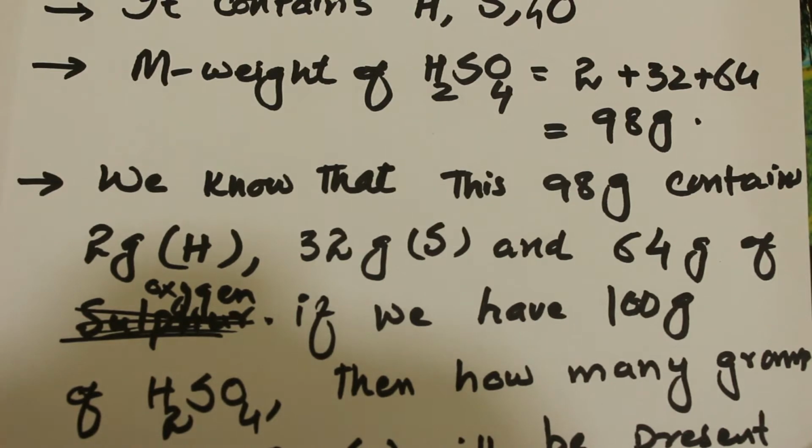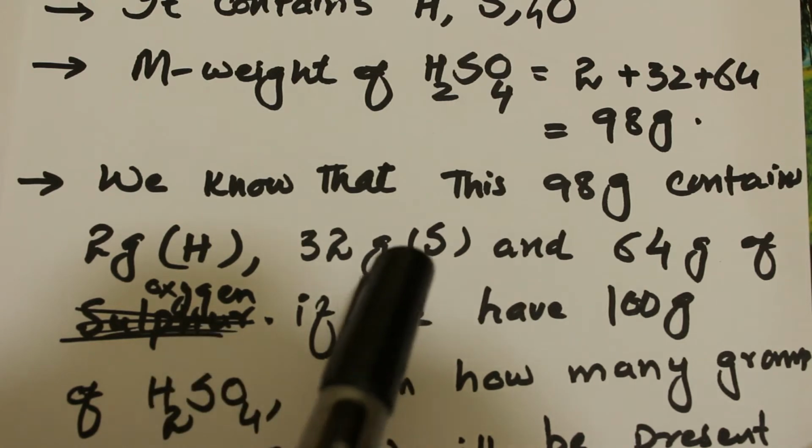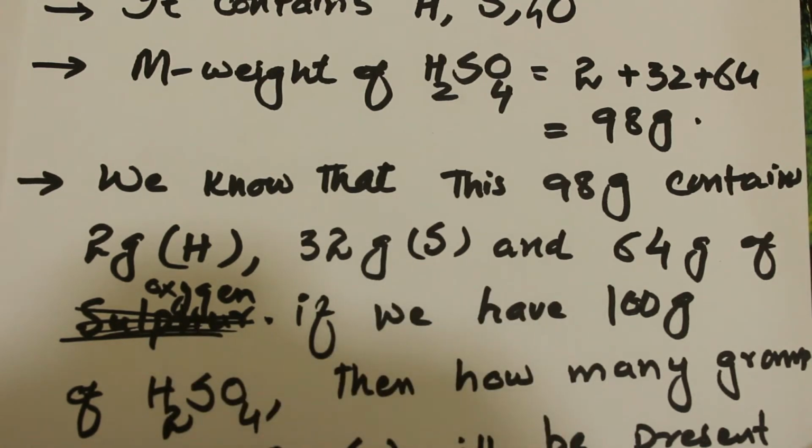Well, this idea is called the percent composition, in which you take 100 grams of a sample. In this case, we take 100 grams of sulfuric acid and we want to find out how many grams of hydrogen, sulfur and oxygen will be contained in this 100 grams of sulfuric acid, and this is called the percent composition of each element by mass.